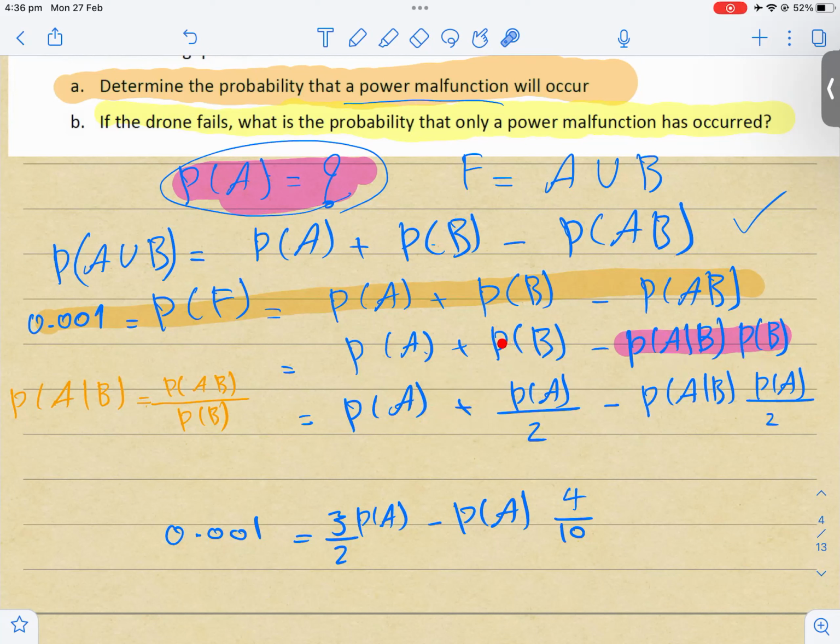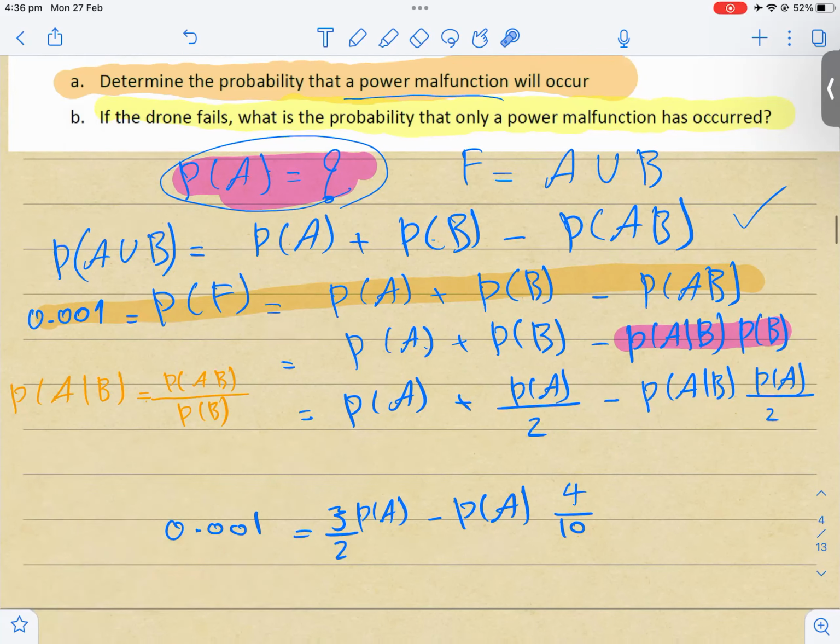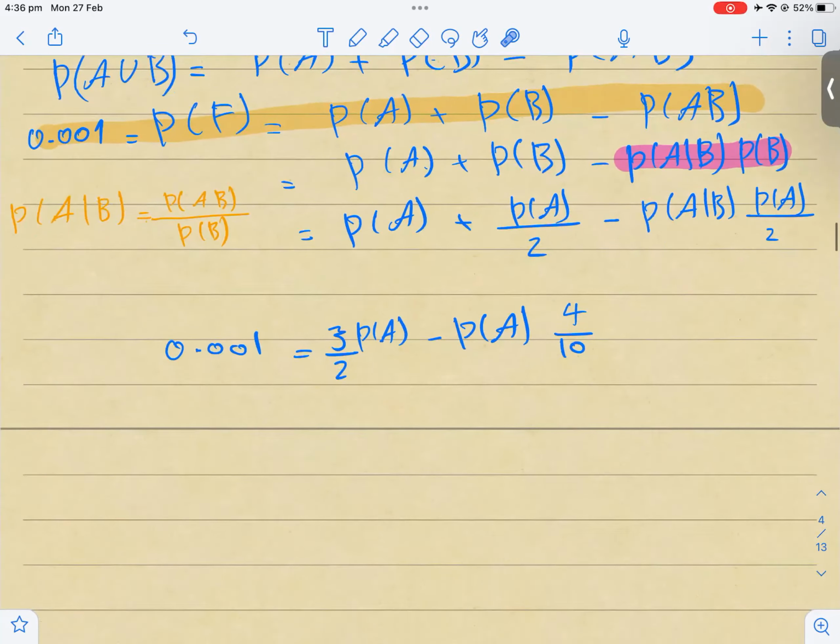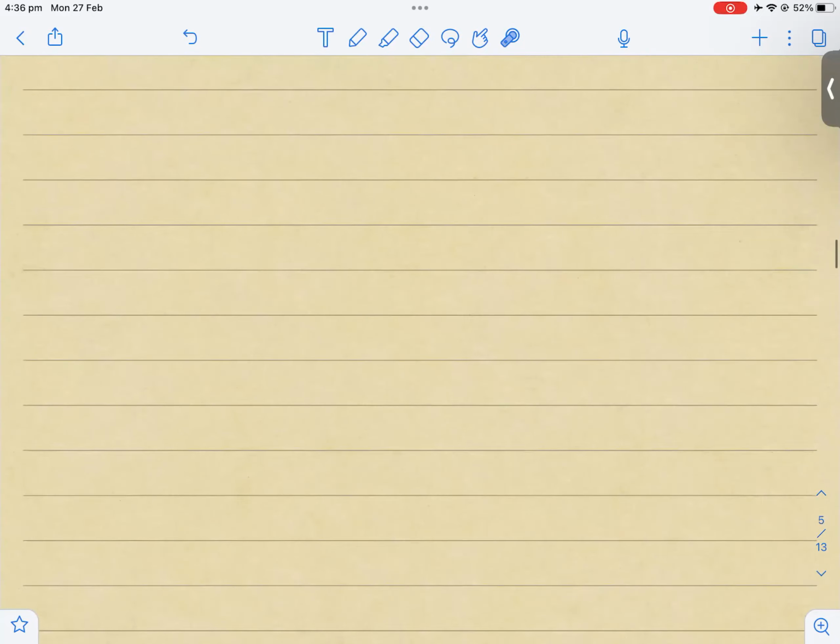The probability of the mechanical problem is half of the probability of the power malfunction. So instead of probability of B, I write probability A divided by 2, so probability A condition with B. Can someone help me with this?